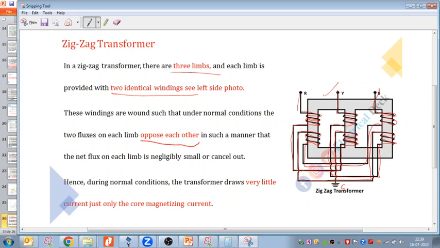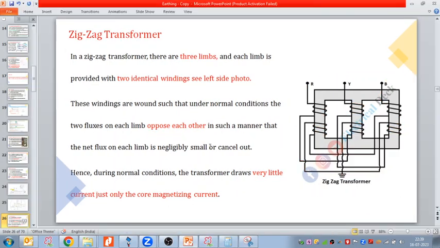And under the normal conditions it only draws a very little current, just the core magnetizing current, or just current only to magnetize, right? Just to magnetize.